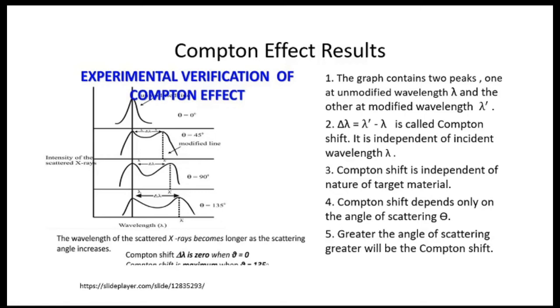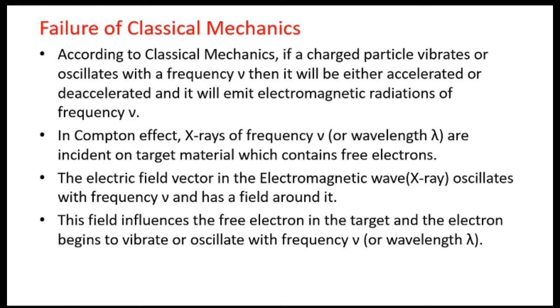Now, classical mechanics failed to explain the Compton shift, or the Compton phenomenon. Let us see why it failed. According to classical mechanics, if a charged particle vibrates or oscillates with a certain frequency nu, then it will be either accelerated or decelerated.